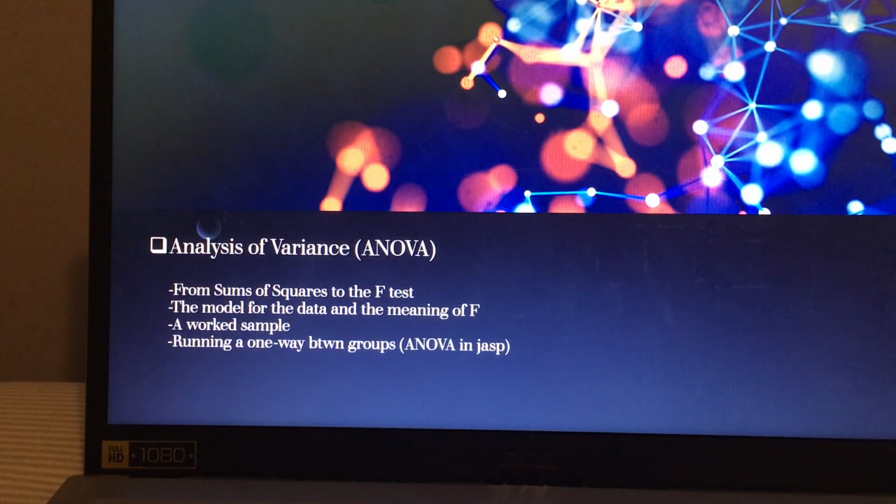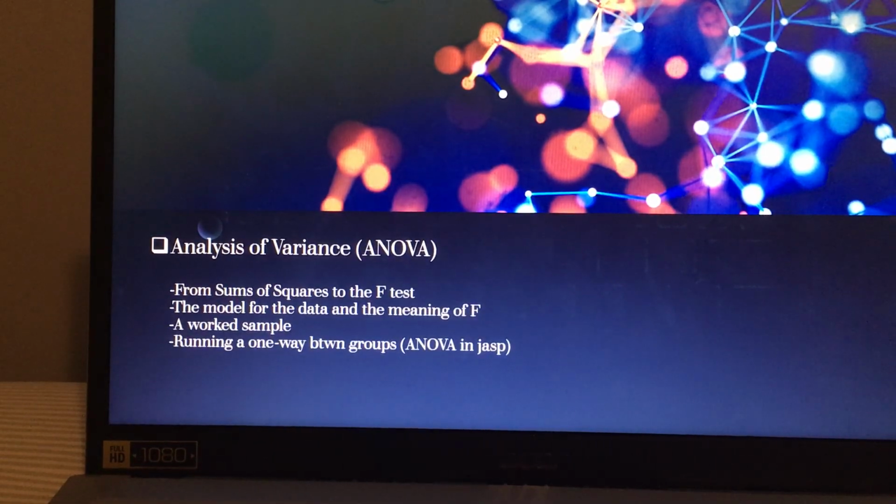So we have our placebo, our anxiety-free, and our joyzepam arms. And then we have our group mean, our grand mean, our deviation, and our squared deviations. For the between group calculations, we need to multiply each of these squared deviations by n subscript k, the number of observations in the group.